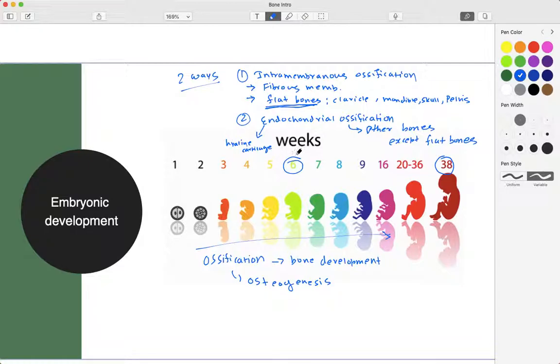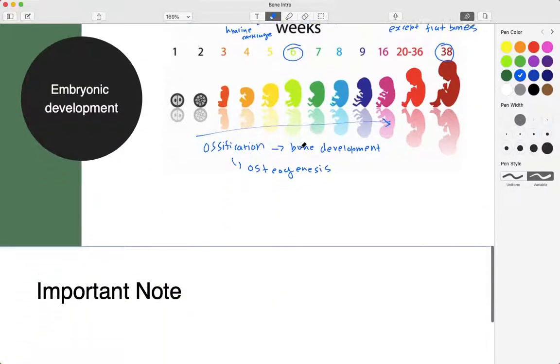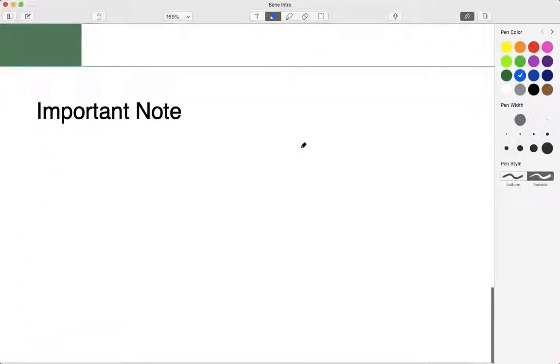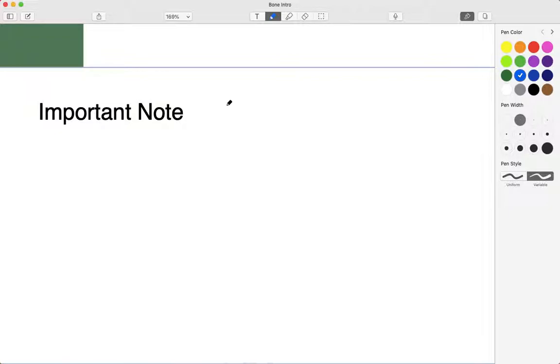But before I end today's lecture, I just want to give you some important concepts. In future lectures we'll talk more about bones, but last lecture we talked about cartilage, and today we just introduced bone. The main thing here is that bones have bidirectional growth, which means they grow in two ways.